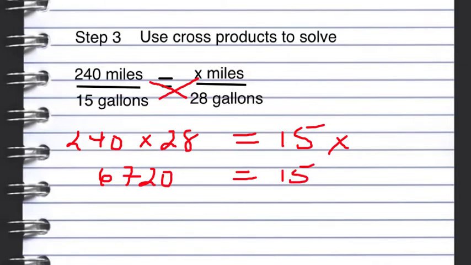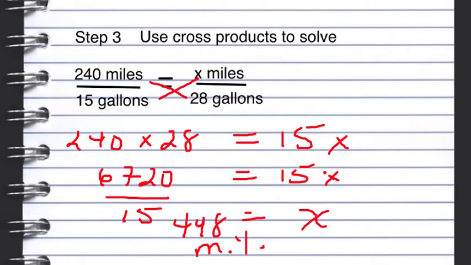Well, in order to solve my proportion, or my little equation that I have right here, I need to divide that large number by 15 so I can get rid of 15. So I'm going to divide this by 15, and that will tell us that x is going to be equal to 448 miles.